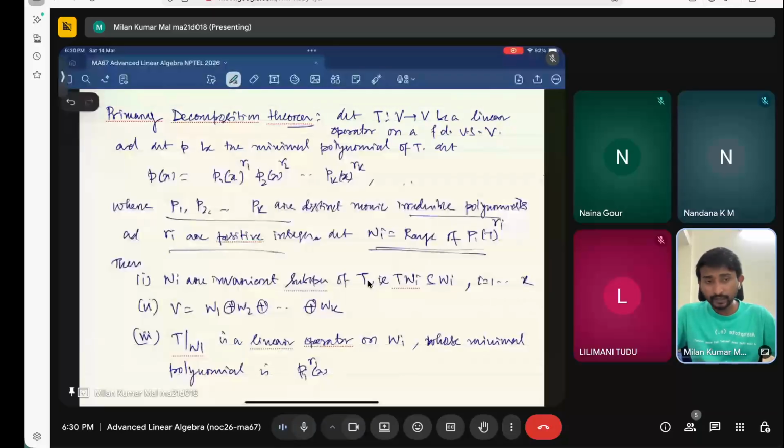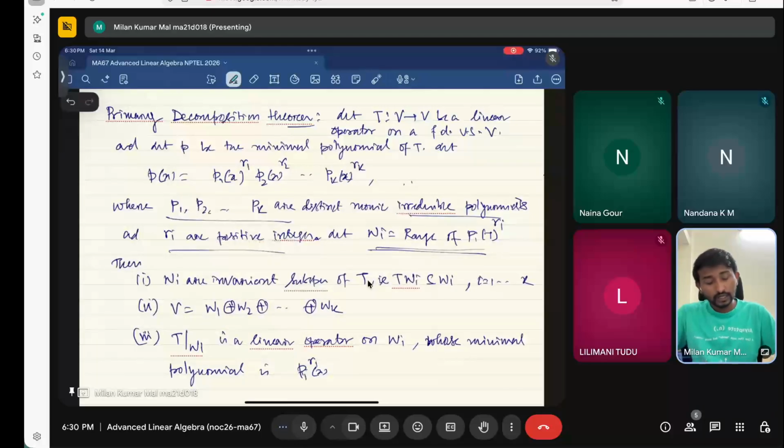Each Wi is invariant, and direct sum means that the intersection of each Wi with the sum of all the other W's is 0, the trivial space.